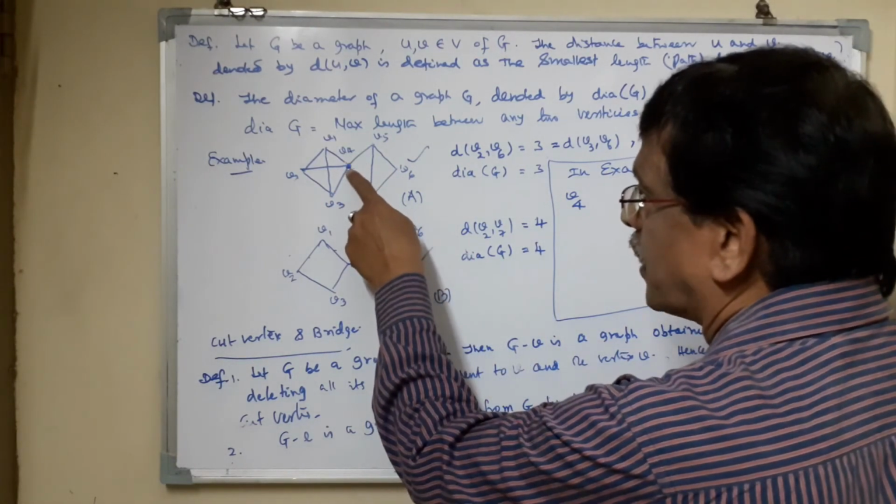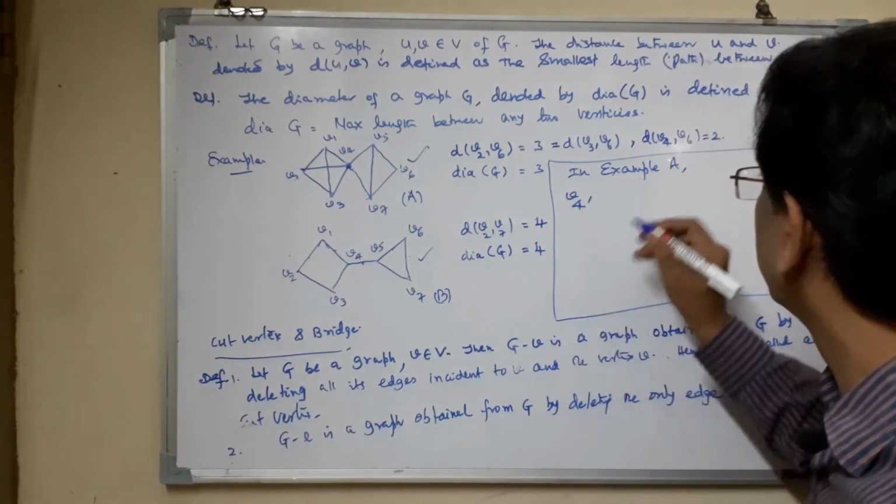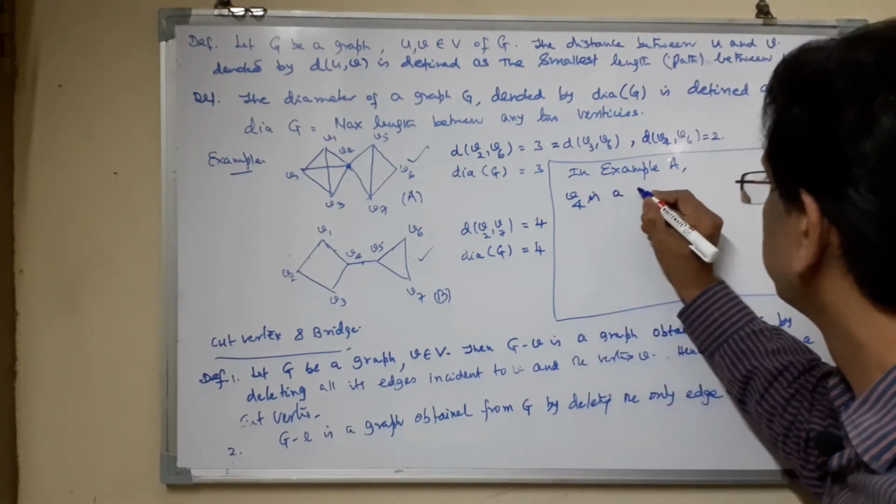Look at this V4. I am removing V4. So V4 is a cut vertex.